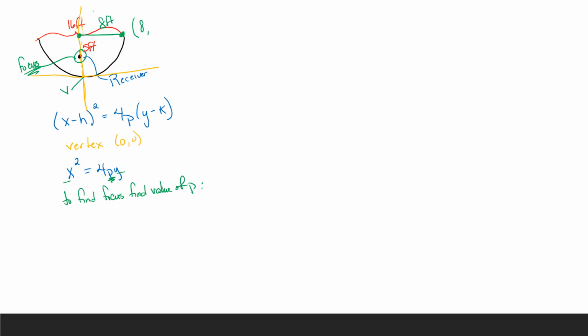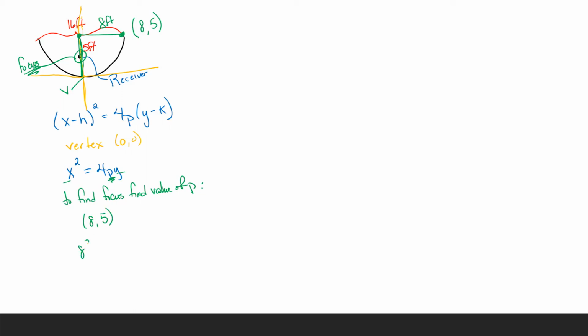Now, we also know that the dish is 5 feet deep, don't we? Which means that would be the height of the dish, right up to the top. Agreed? Well, then I know that my y value is 5. Make sense? So I do have an x and a y. I have the point 8,5.